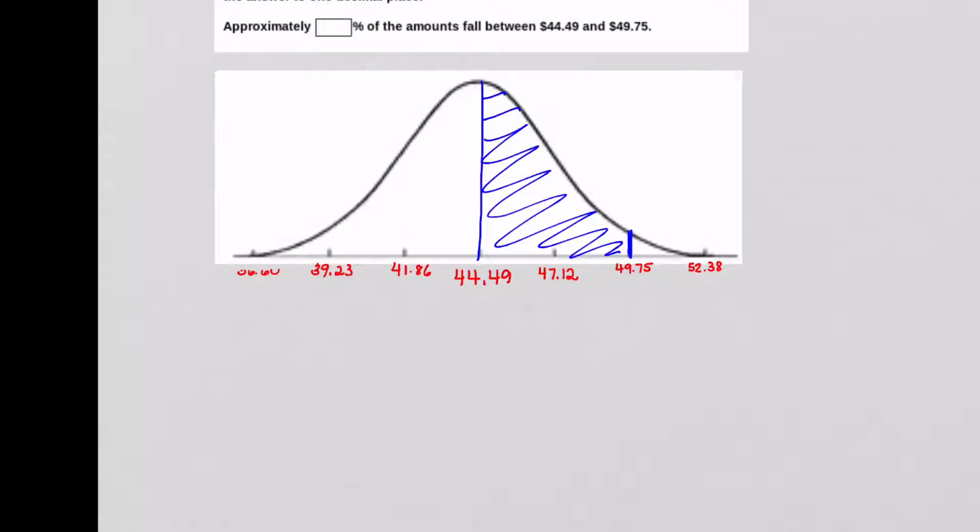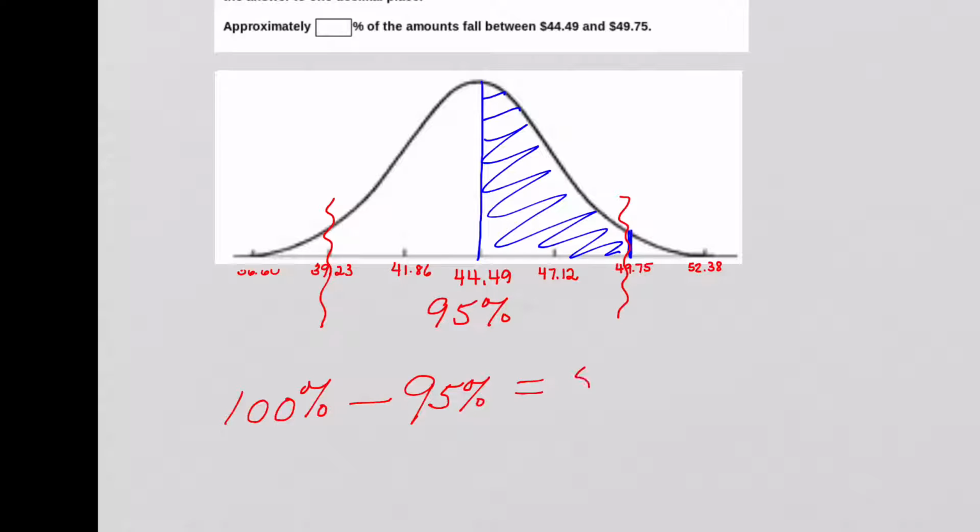And to determine that, I'm going to say, well, again, we know that between two standard deviations below the mean and two standard deviations above the mean, we get 95% of our data. So I'll take 100% of the data minus 95% of the data. And that leaves me with about 5%.